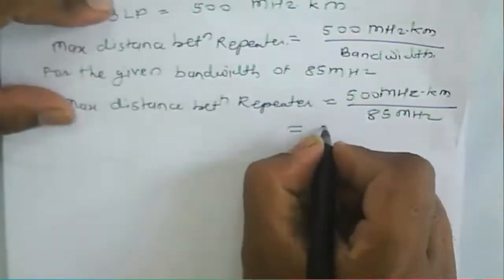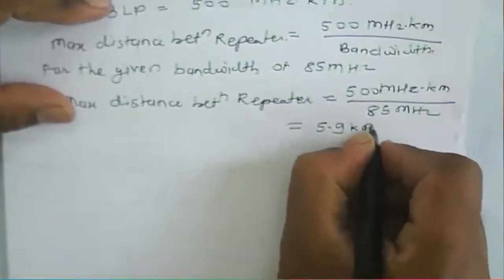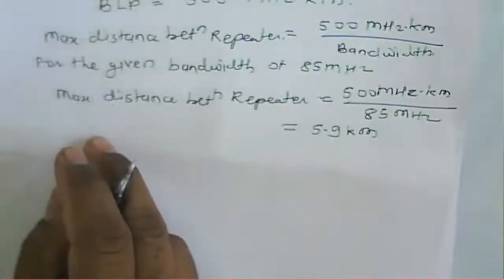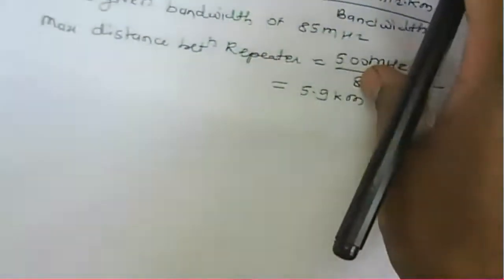So it will be 5.9 kilometer. That is the maximum distance between the repeaters here.